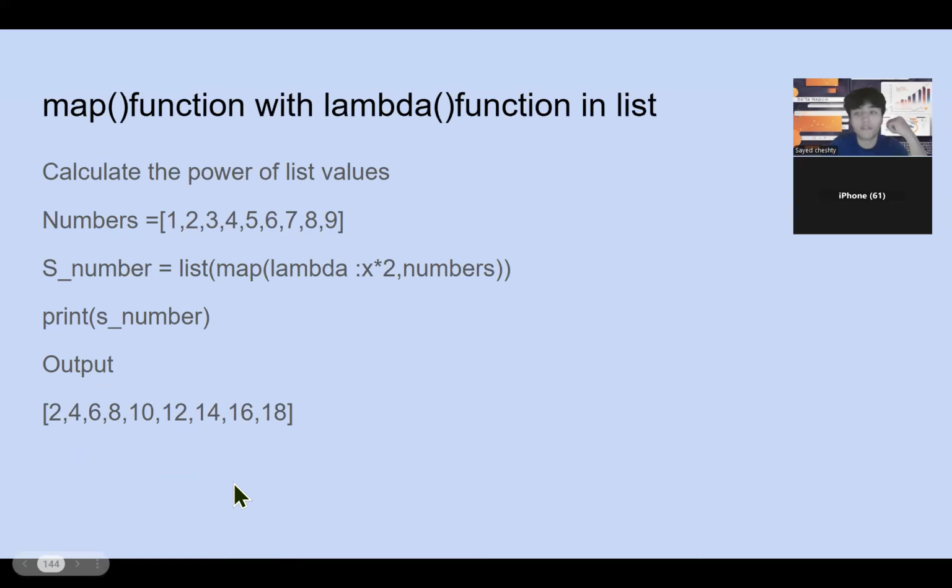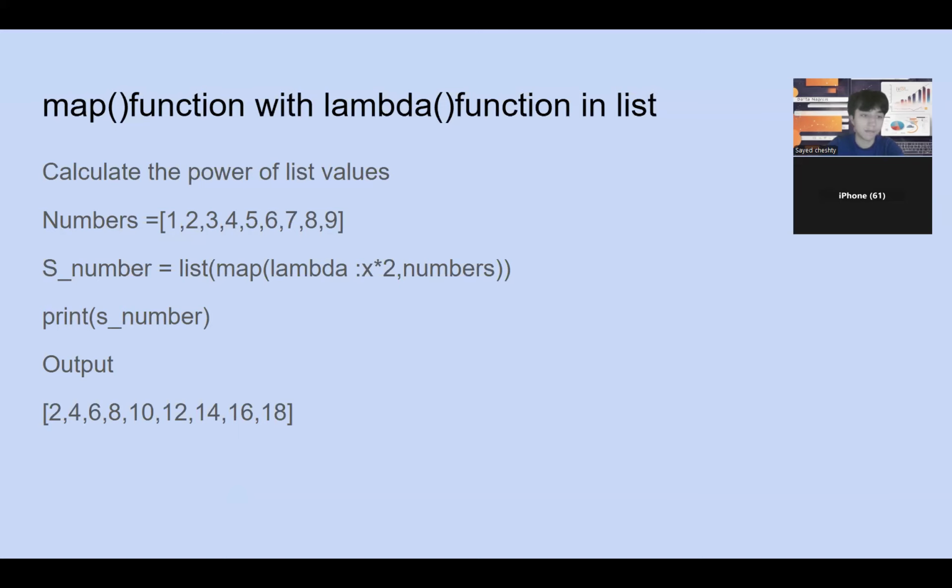Now map functions with lambda and functions and lists. How we can do it is calculate the power of list values. Let's create a list: numbers equals square brackets 1, 2, 3, 4, 5, 6, 7, 8, 9. All of them have commas in between, except the last 9.